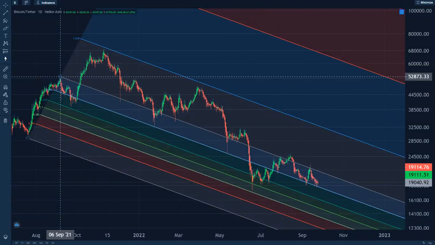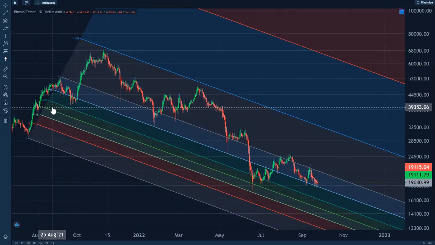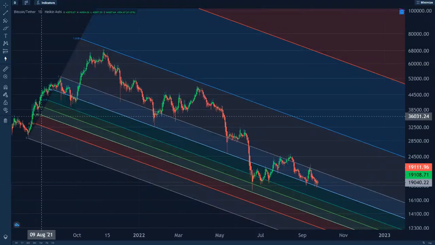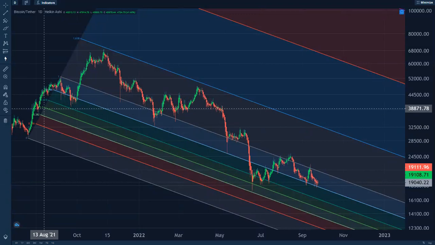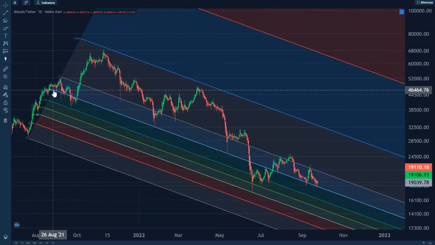What's really important about the sequences that we find within these structures are the 23.6, the 38.2, the 50%, the 61.8 and the 78 level. These are really important numbers to pay attention to.